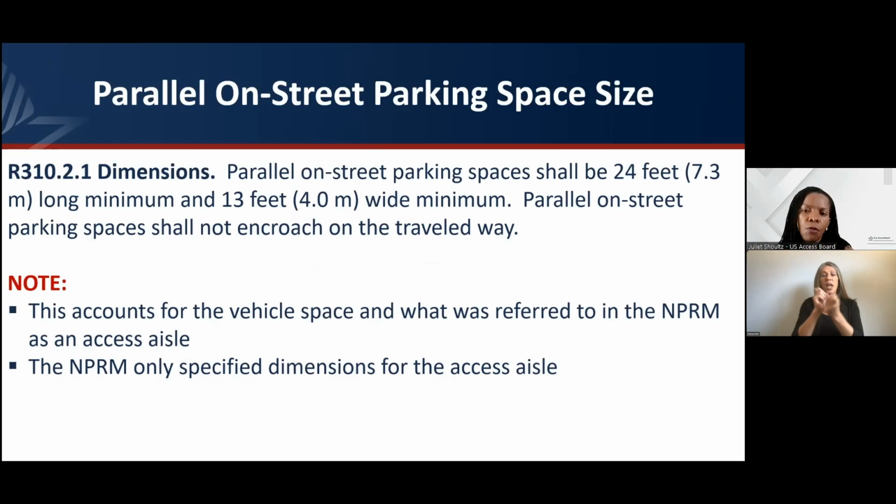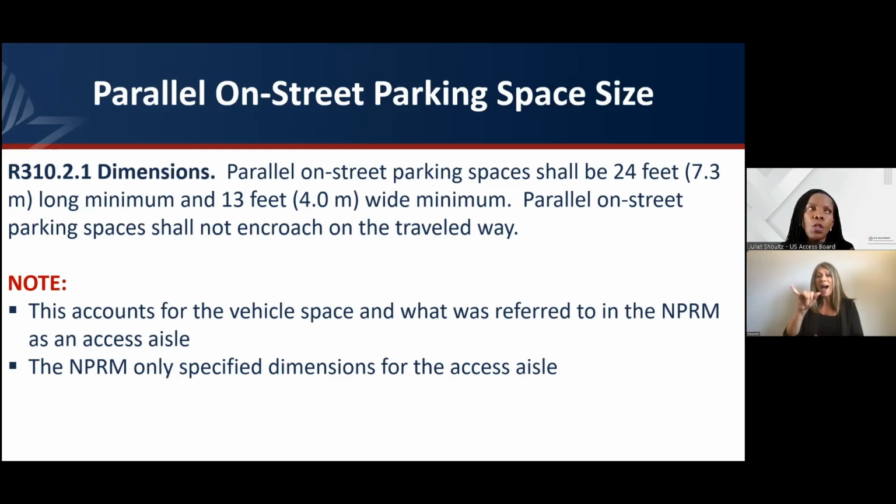We've revised the requirements for parallel on-street parking spaces. So in the final rule, we specify at R310.2.1 dimensions for a parallel on-street parking space. They shall be 24 feet long minimum and 13 feet wide minimum, and they should not encroach on the traveled way. So these dimensions take into account both the vehicle space and what was referred to in the NPRM as an access aisle.